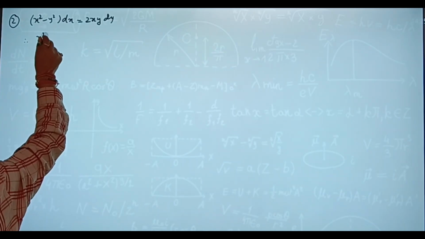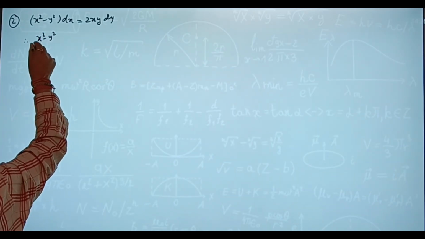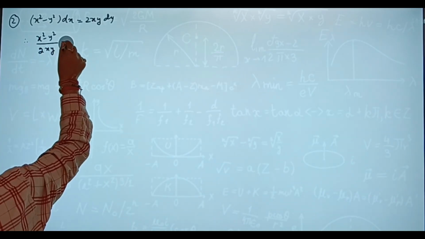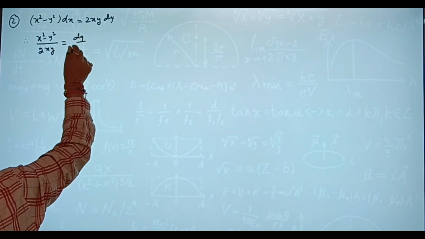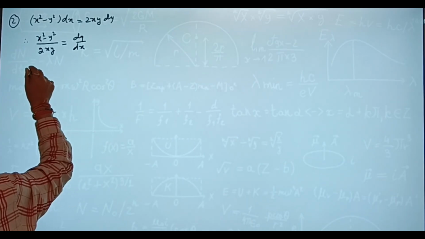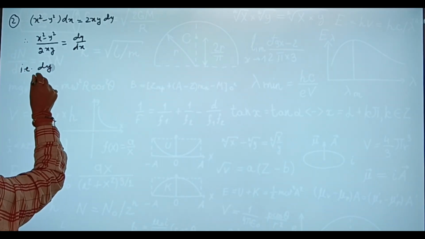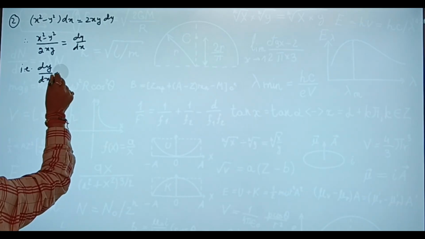Therefore, x square minus y square upon 2xy is equal to dy by dx.